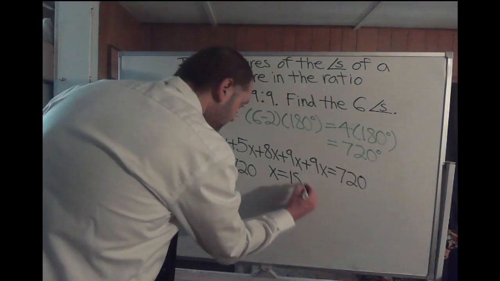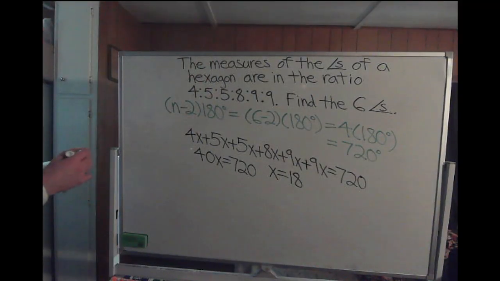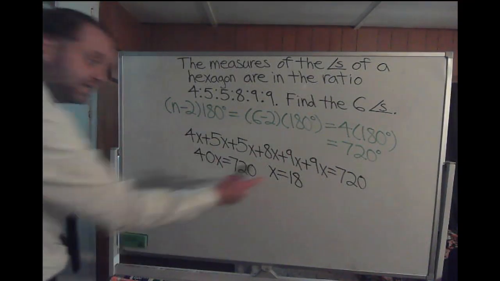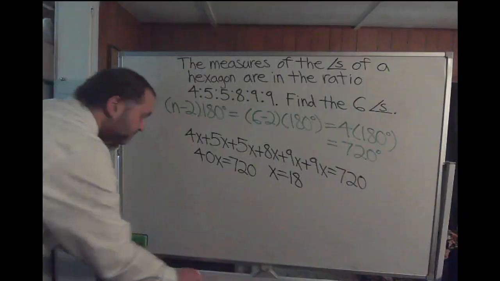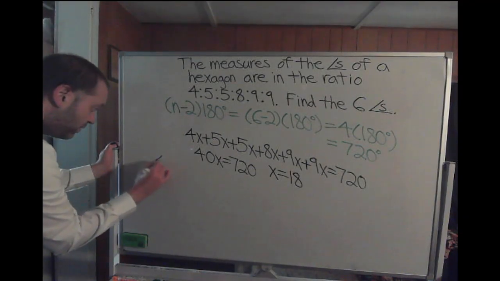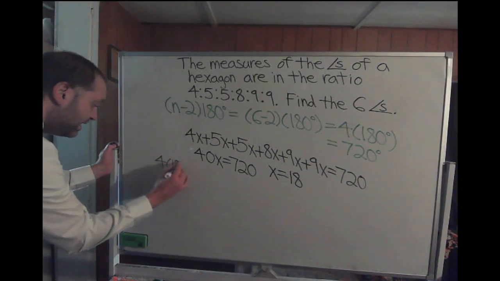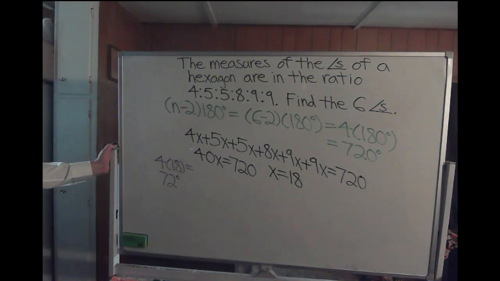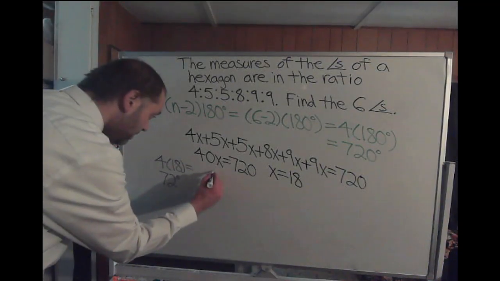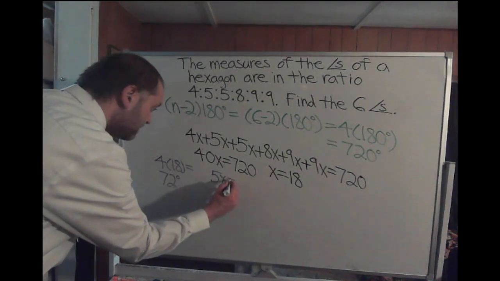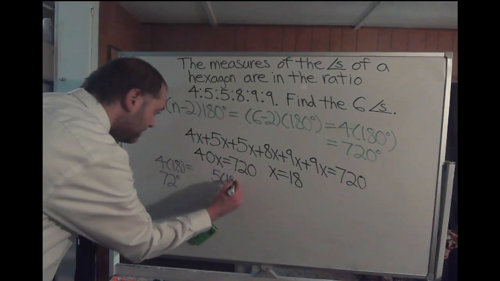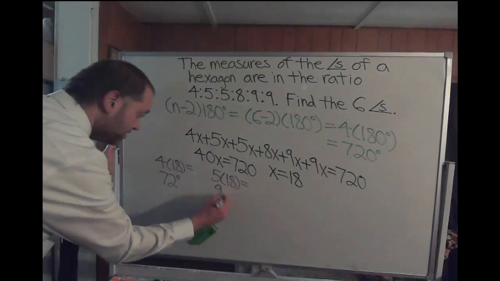So the value of x itself is 18, but we need to find the value of the 6 angles, so you're going to take each of these 4x, 5x, 8x, and 9x, and do 18 times those x's. So let's take 4 times 18. What does that equal? That equals 72 degrees. So you have one 72 degree angle. Alright, let's take 5 times 18. Well, 5 times 18 equals 90 degrees.